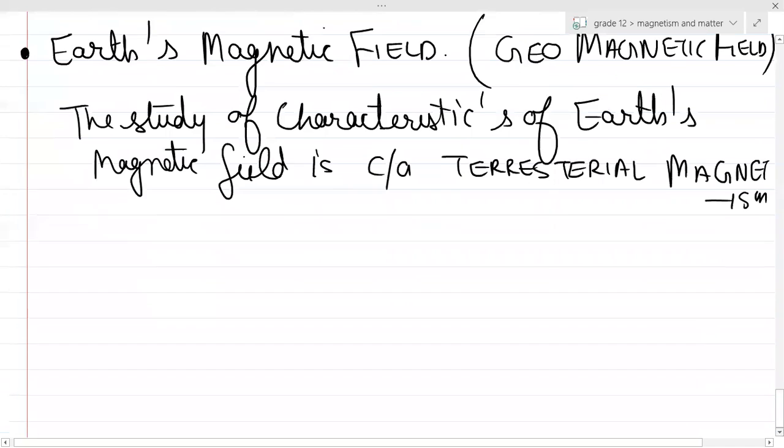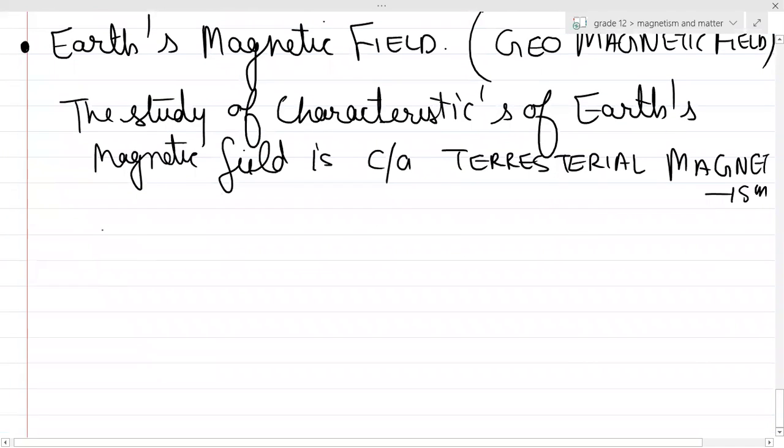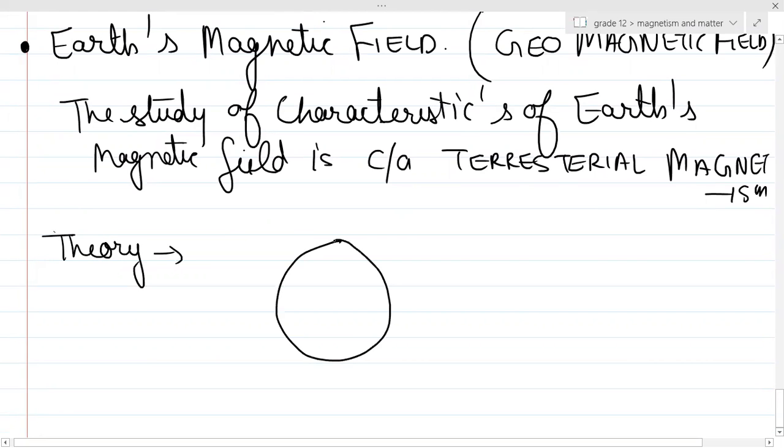So initially, when people discovered that Earth also creates a magnetic field of its own, there were several theories. The first theory was basically, suppose this is Earth and this is the axis of rotation of the Earth.